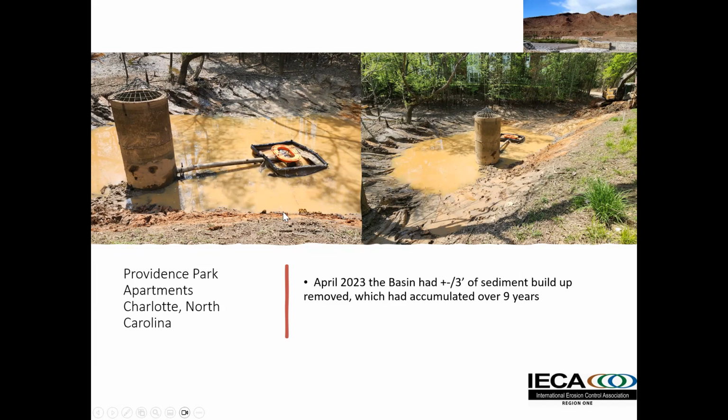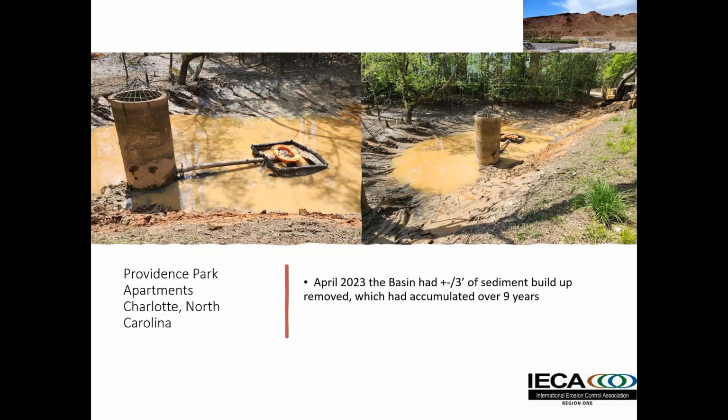So again, just a quick overview, mainly highlighting the maintenance benefits of skimmers. Didn't really touch on the water quality benefits of having the skimmer withdraw from the surface versus the bottom of the pond. Talked about that a little bit at the beginning, but the main focus here is, hey, skimmers are great substitutes for low flow water quality outlets for maintenance. Much easier to maintain, much less prone to clog, not having to get a lot of equipment in there.